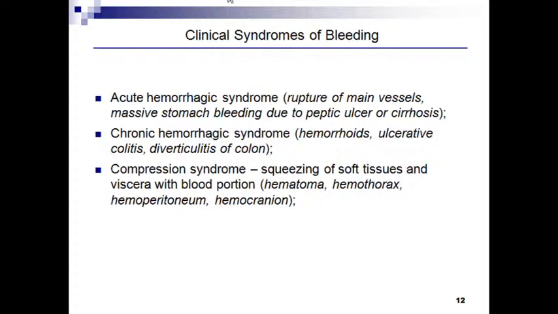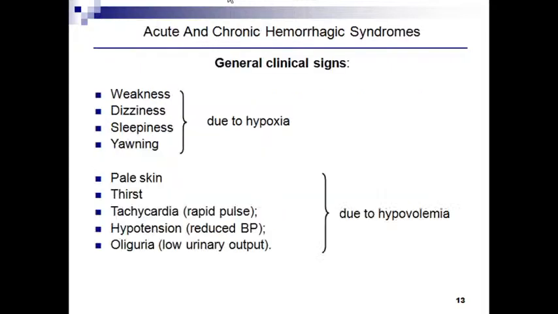Compression syndrome can be caused by hematoma, with the presence of blood in soft tissues, hemothorax, presence of blood in pleural cavities, hemoperitoneum or hemocranium. In enclosed cavities, enclosed anatomical spaces, the presence of an additional portion of volume causes compression of internal structures of this anatomical compartment.